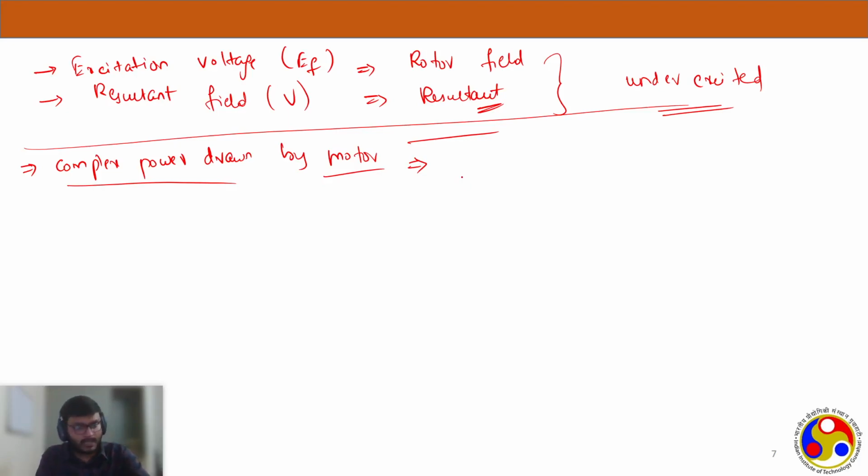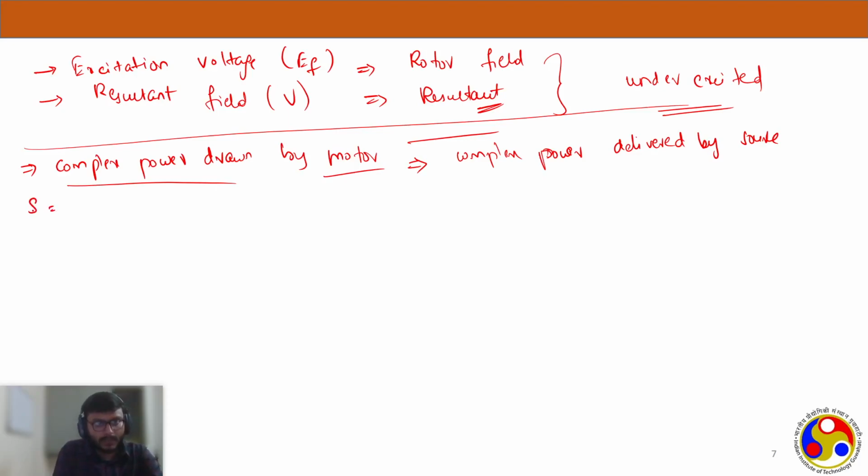Usually they call it both. The complex power drawn by the motor is the same as the complex power delivered by the source. Now, the complex power, which is the apparent power, is V I star. So this is the complex term we are getting, VI star. It's a very well-known formula. Now for VI star, let's draw a simple diagram, which we have drawn in the previous slide.